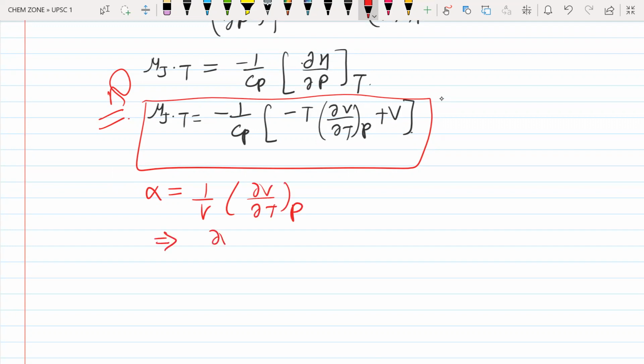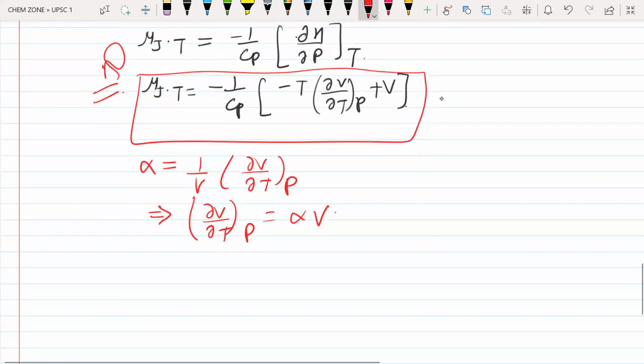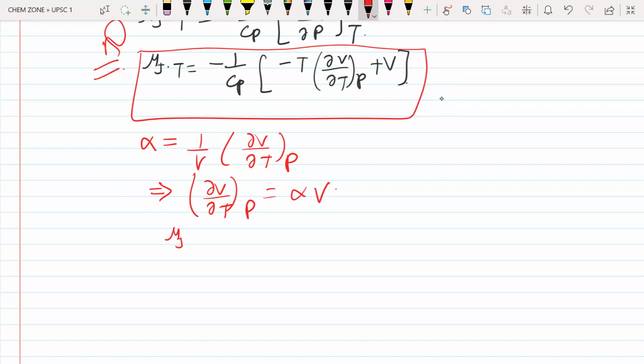So if we want to calculate mu JT in terms of alpha, we can put the value of del V by del T at constant pressure P. Taken V as common and multiplied by minus sign.